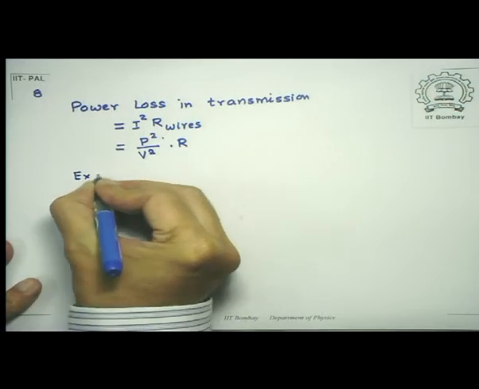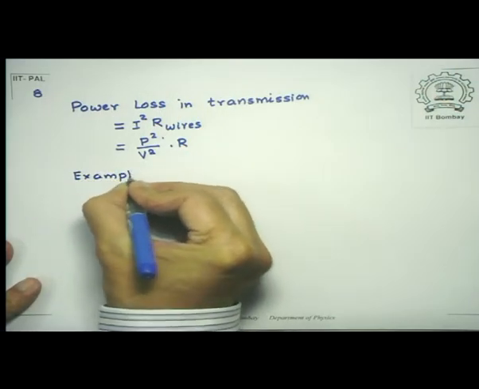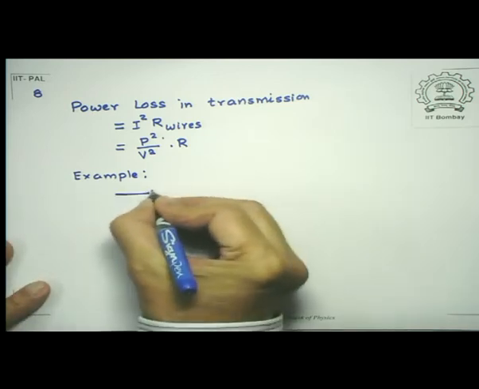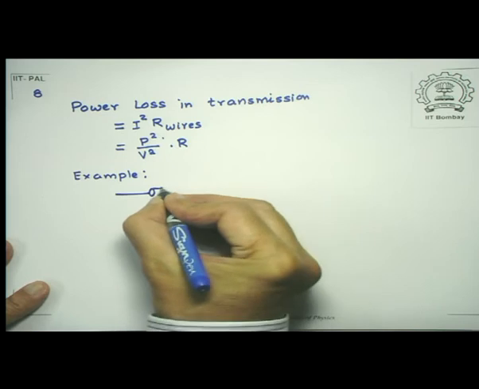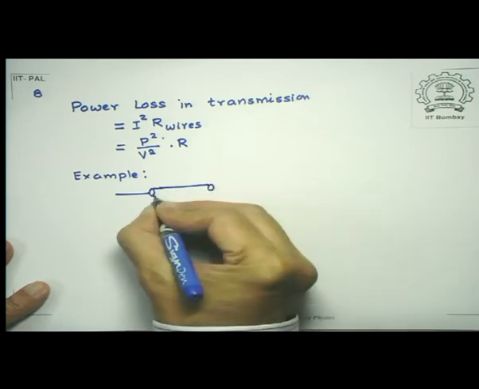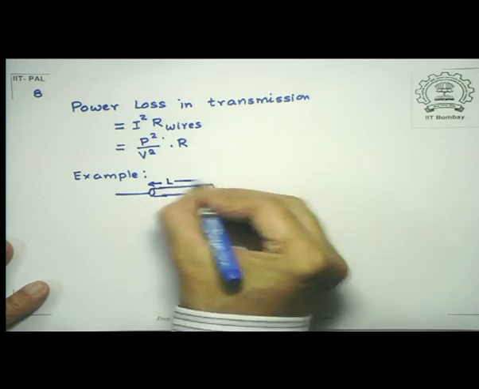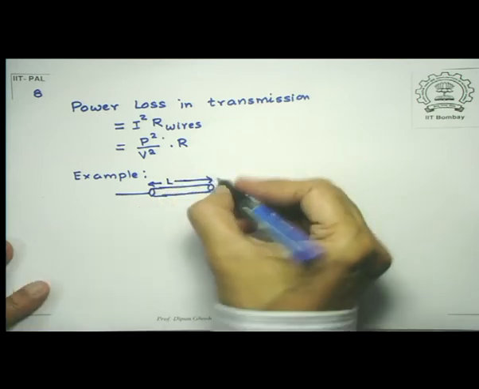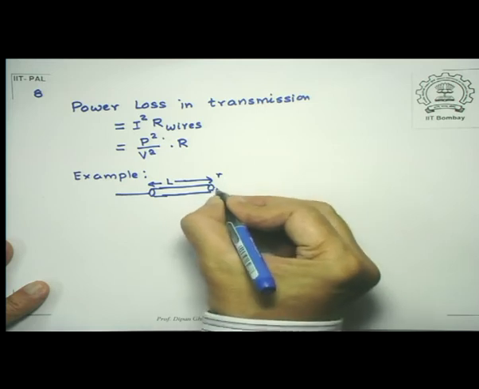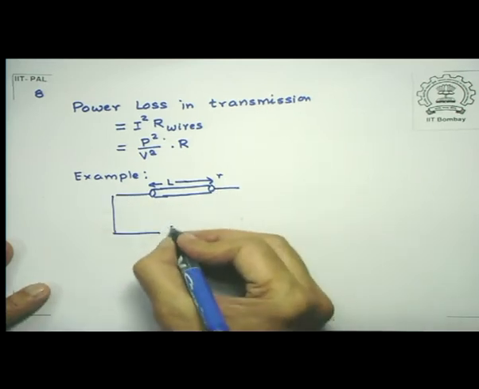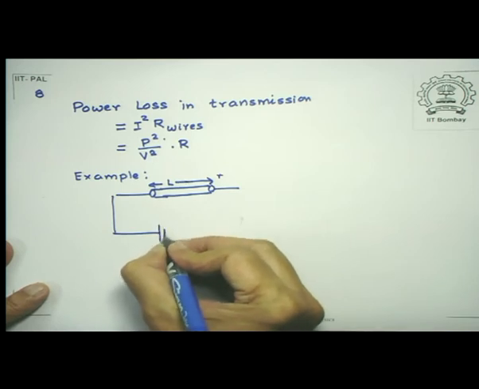So let's first start with a simple circuit. In this simple circuit, supposing I have a resistor of length L, cross sectional radius r, resistivity rho, etc. And supposing I have an 18 volt battery.